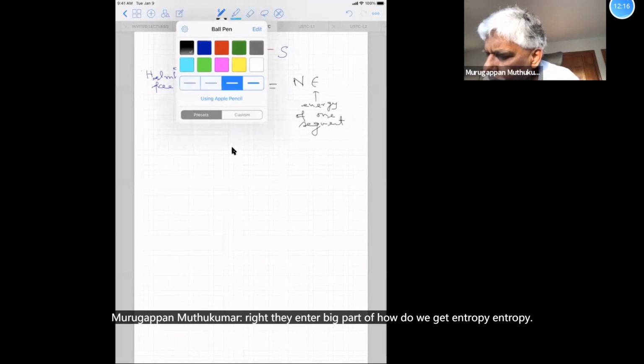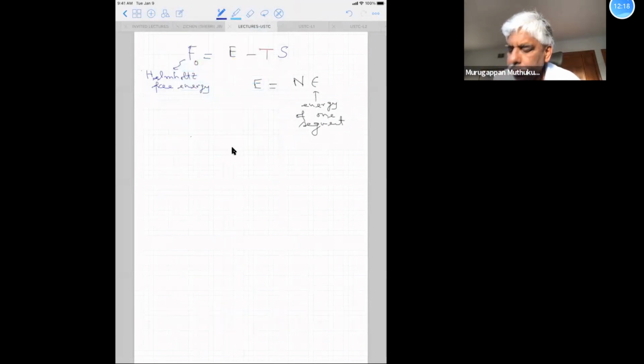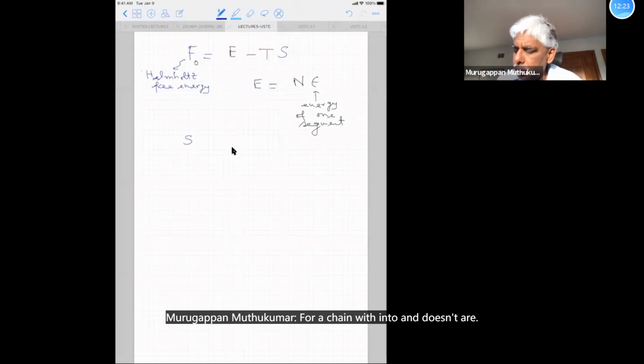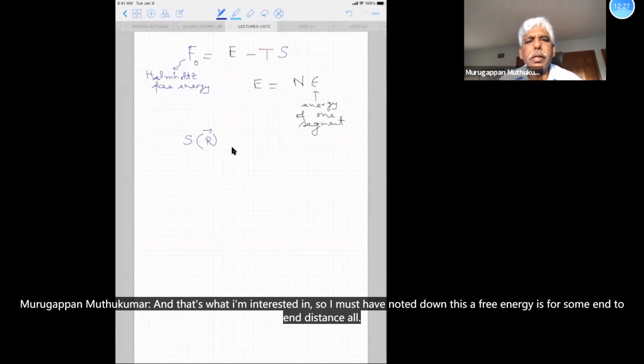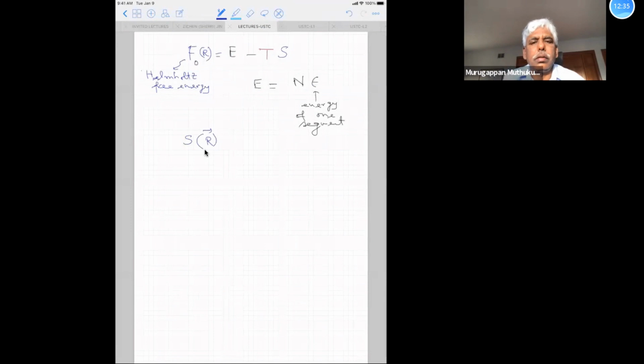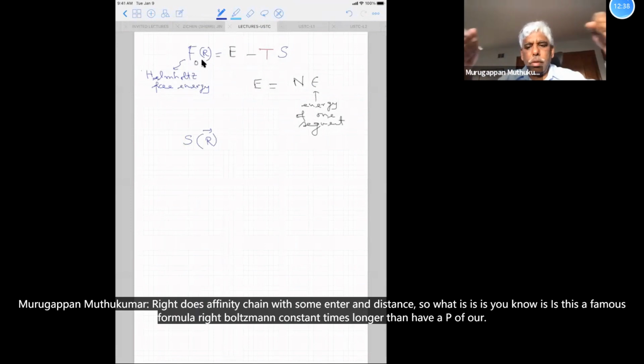The entropy part, how do we get entropy? Entropy for a chain with end-to-end distance R. That's what I'm interested in. So I must have noted down this free energy is for some end-to-end distance R. Right? That's the free energy of a chain with some end-to-end distance.